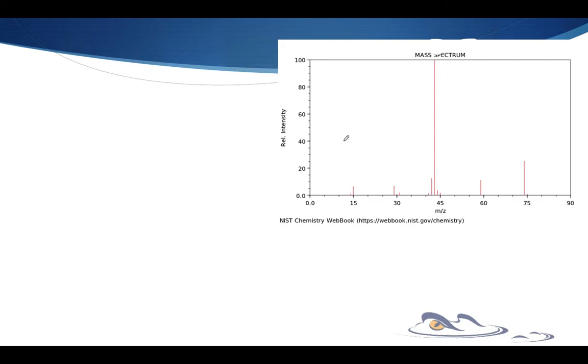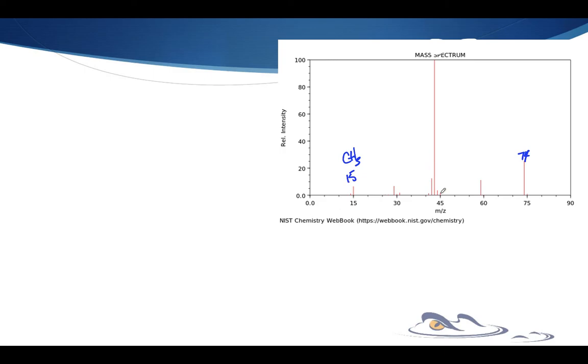Now, I can look at some things and say, all right, here's my 15 over here, and I know that a lot of times 15 goes along with this CH3 group. But look, here's a 29 and a 31. They're really small. I'm not so sure what that is. I can see that it has a molar mass of 74.